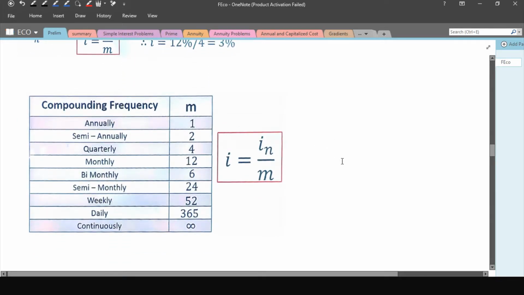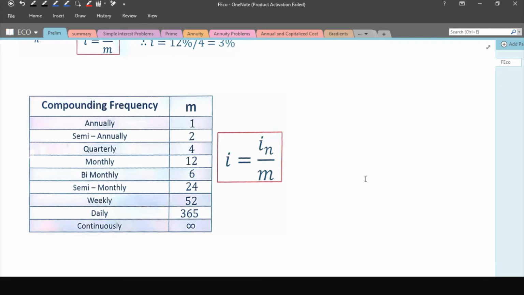Now, we have compounding frequencies here. You have annually, semi-annually, quarterly, bi-monthly, semi-monthly, weekly, daily, and continuously. So, ang annually, ibig sabihin in a year, tutubo ka ng isang beses lang dun sa iyong effective interest rate or nominal interest rate. Now, for semi-annual, twice, quarterly, 4 na beses ang taon. Monthly, that is 12 in a year.